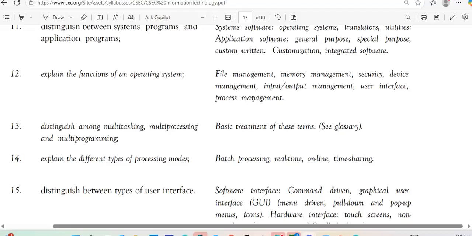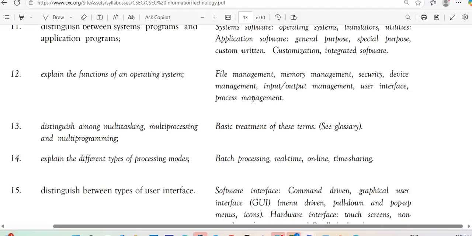Input and output management refers to the process of managing input-output operations between devices and applications. This includes tasks such as managing input from devices such as keyboards and mice, managing output devices such as monitors and printers, and providing an interface for applications to interact with other devices.